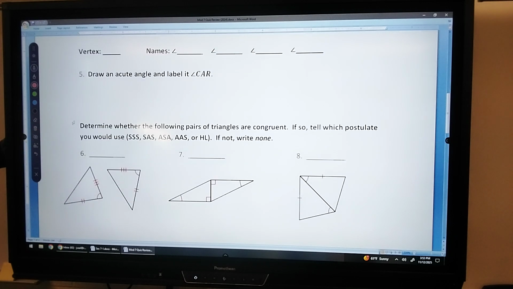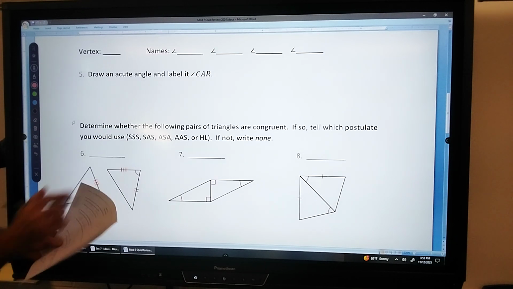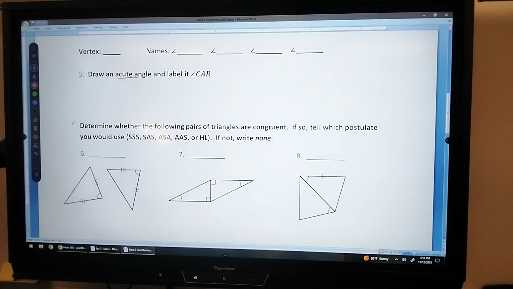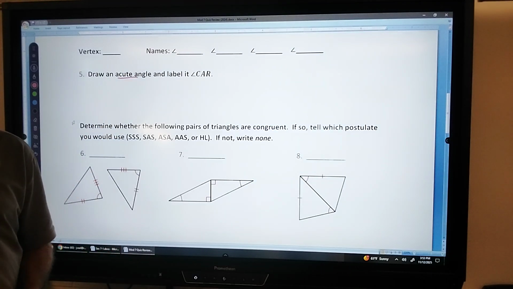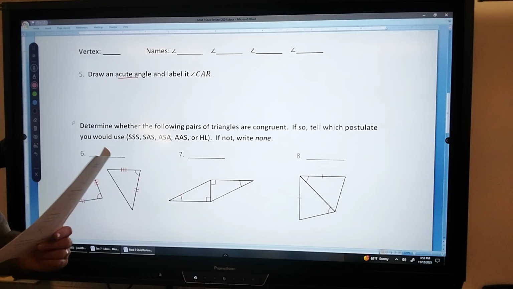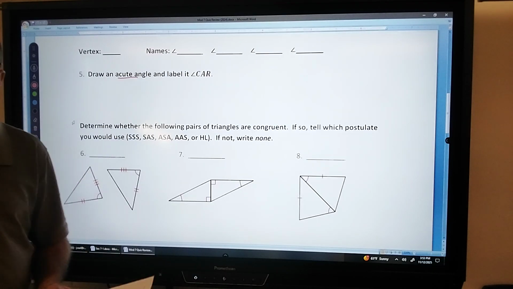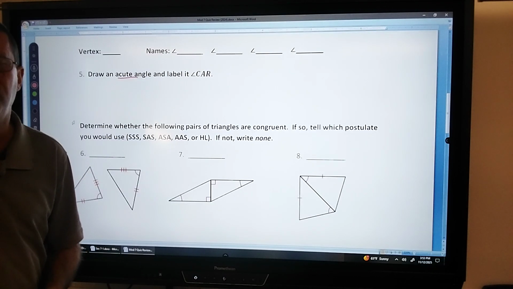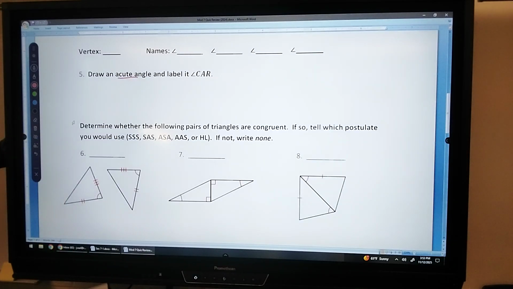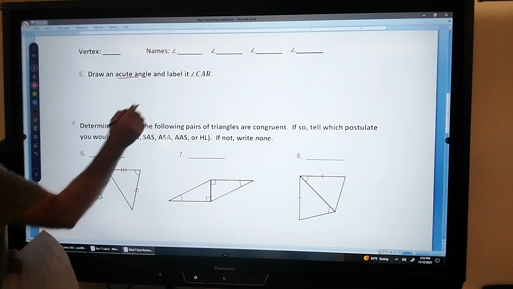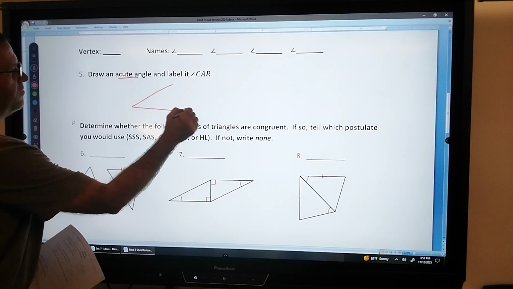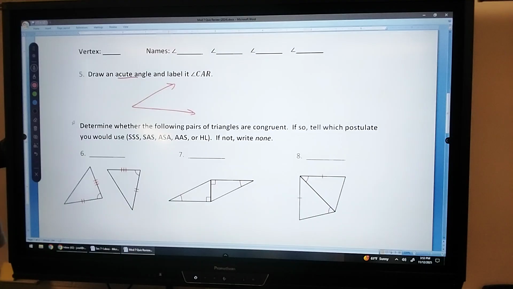Number 5, draw an acute angle. So there are 4 different choices that I could have. I could give you acute, obtuse, right, or straight. Those are the 4 different kinds of angles that I can choose from. Acute simply means less than 90, so an acute angle. So there's my acute angle.